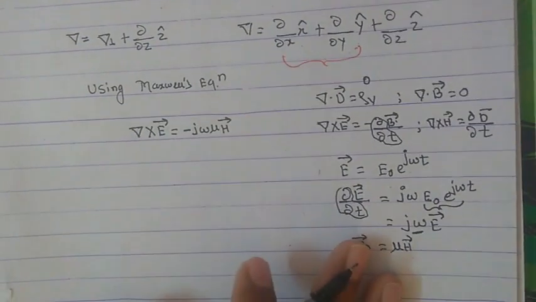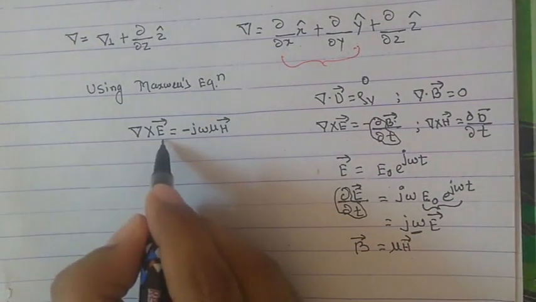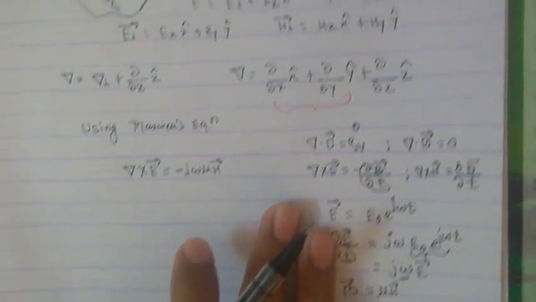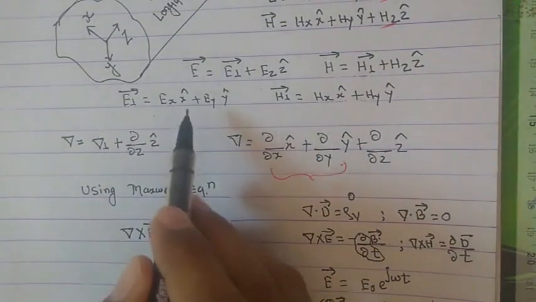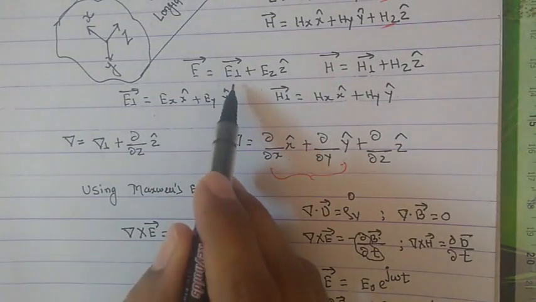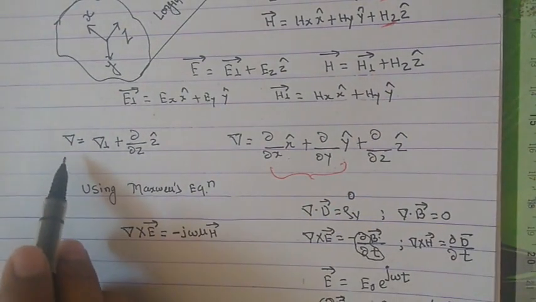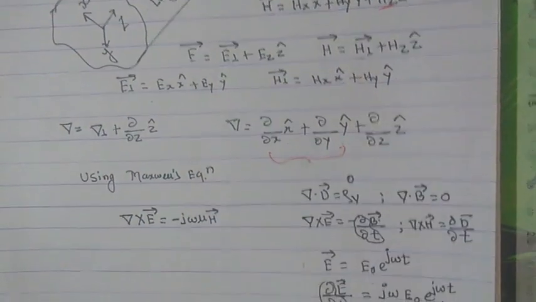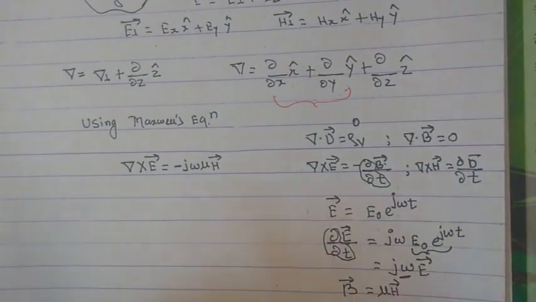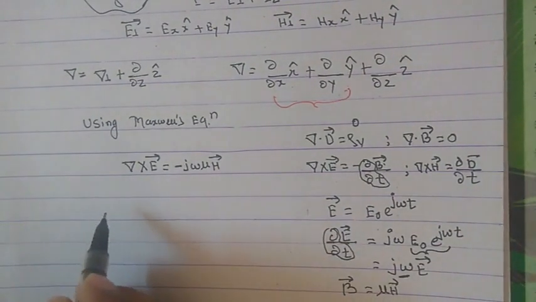Now substitute for E and H from what we have written in the form of transverse and longitudinal components, and also substitute for del in terms of transverse and longitudinal components. So it is like this.